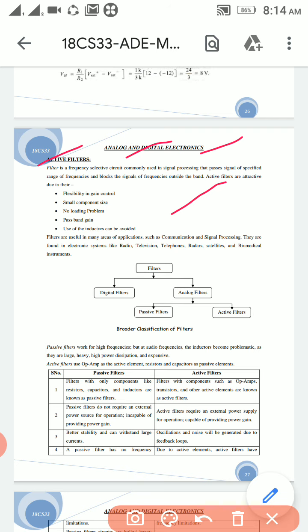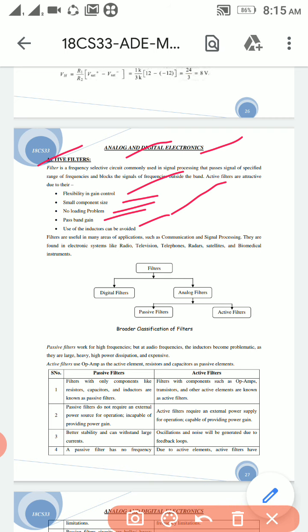That is what the filters do. Filters are attractive due to their flexibility, gain control, small component size, no loading problem, and pass band gain, and the use of inductors can be avoided.